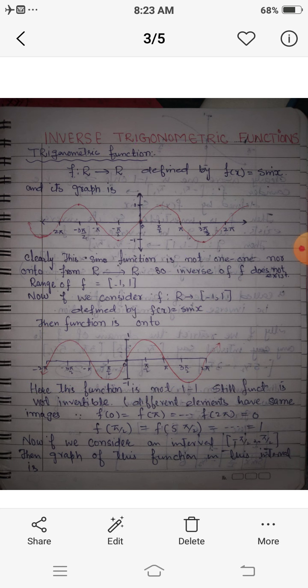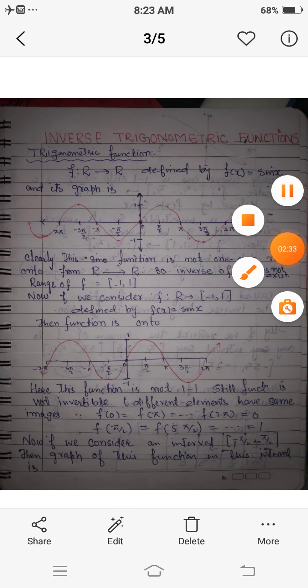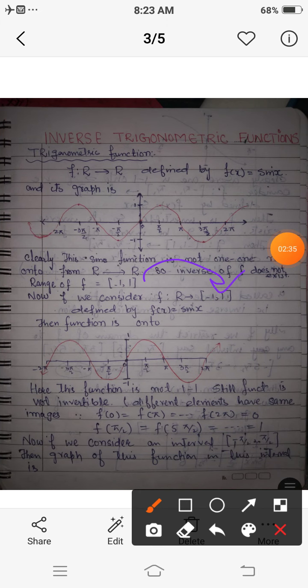So clearly if we restrict the codomain from R to the interval minus 1 to 1, it becomes onto. Onto means surjective, but still it is not a 1-1 function, because different elements have the same images. Like at these points the function value is one and only one point, that is 0.